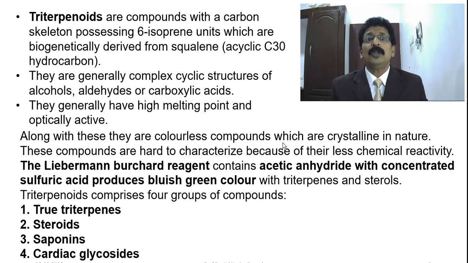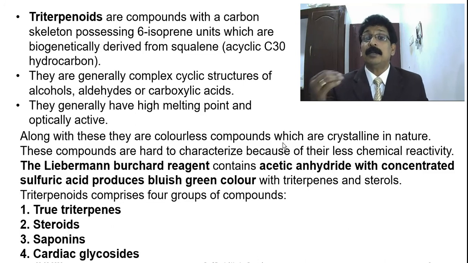Understand? So 6 isoprene units means you may imagine, 6 into 5, 30 carbon atoms will be there, which are biogenetically derived from squalene. Squalene is an acyclic 30-carbon hydrocarbon, which we know very clearly.